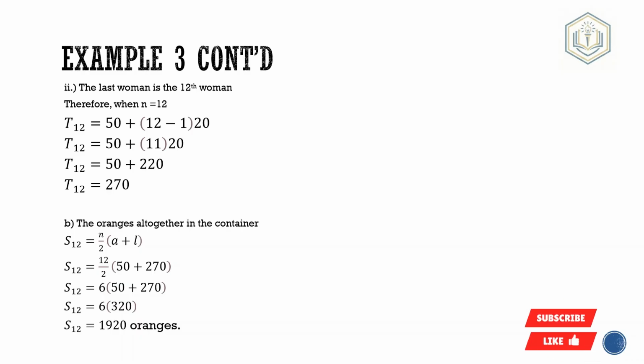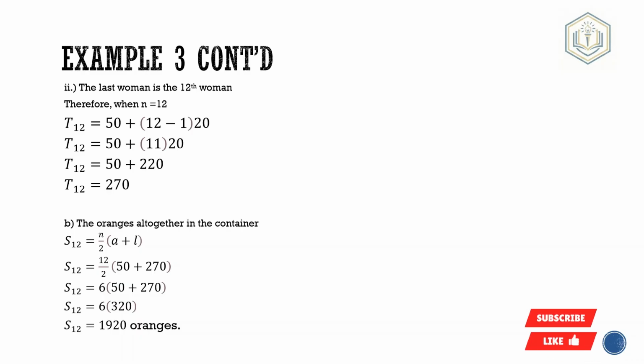And so it means that your n equals 12. So using the n-term formula, we just substitute our A, we substitute our n. And then we know that n equals 12. So you have T subscript 12 equals 50 plus 12 minus 1 in a bracket times 20.